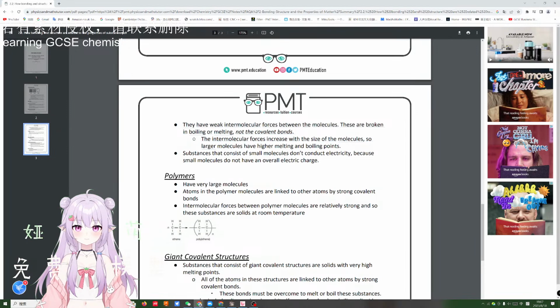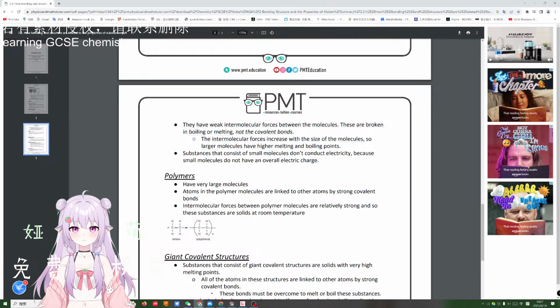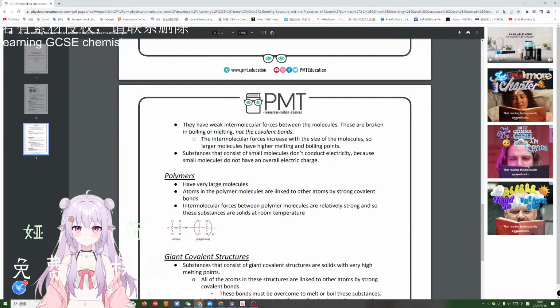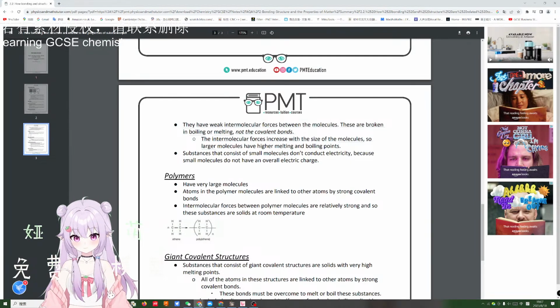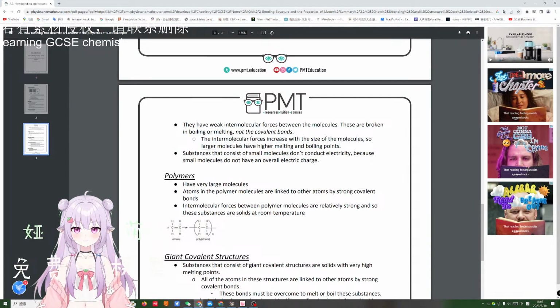We say relatively high intermolecular force, so they have a higher boiling point and melting point compared to small covalent structures, or small molecules.